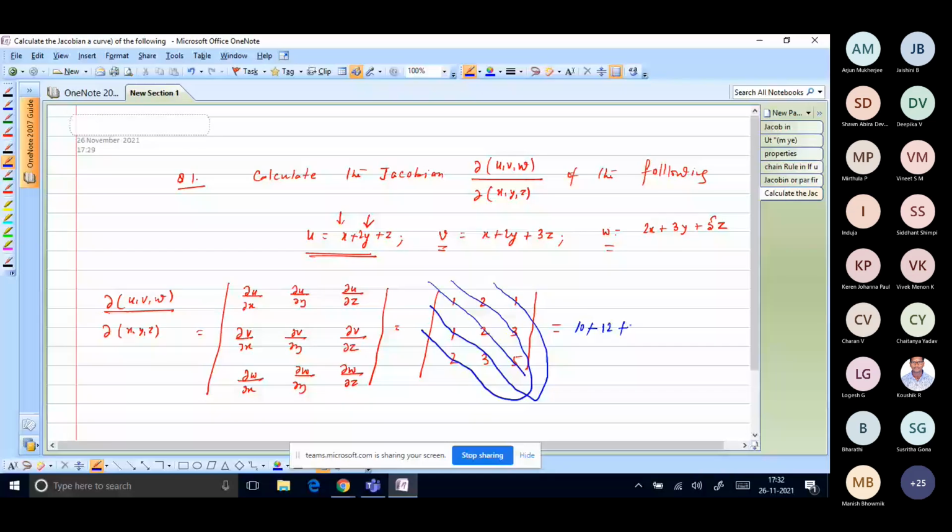Minus, I multiply these 3 elements on the other diagonal: 2 times 2, 4, minus 3 times 3, 9, and then 5 times 2, 10, minus. So let's check how much it is coming. This 10 and this 10 cancel, 12 plus 3 is 15, 9 plus 4 is 13, 15 minus 13 is 2. Answer is 2.